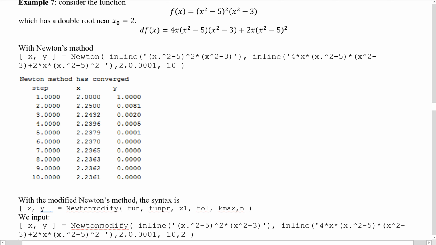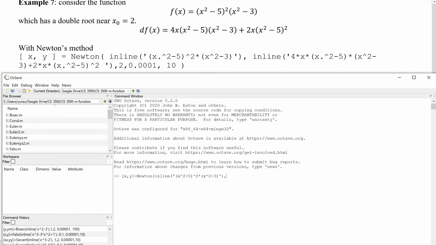Let's type it here. We first type the function, and next we type the derivative of it.